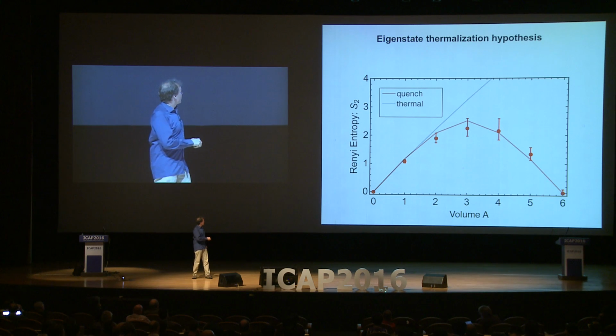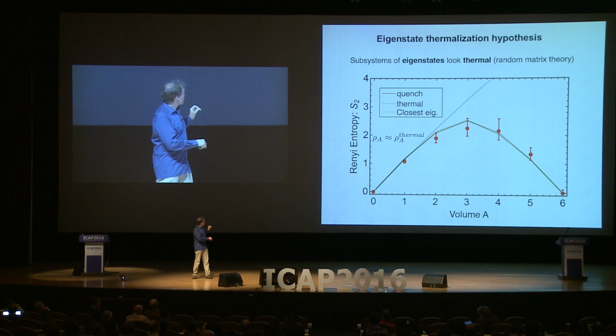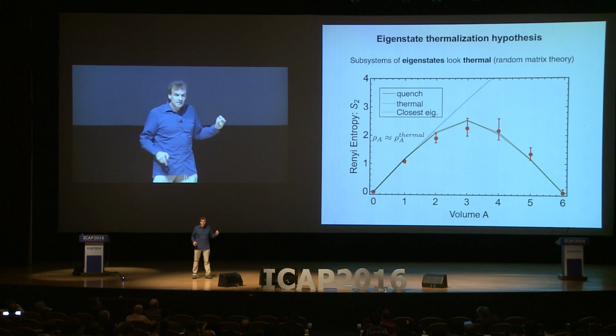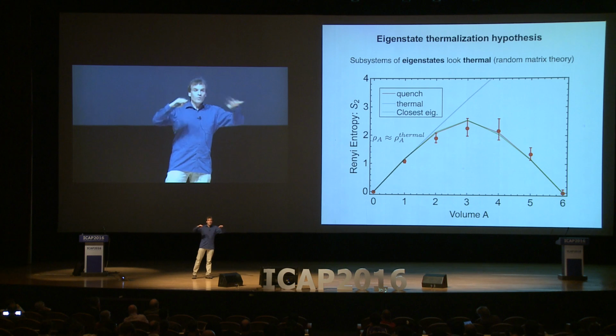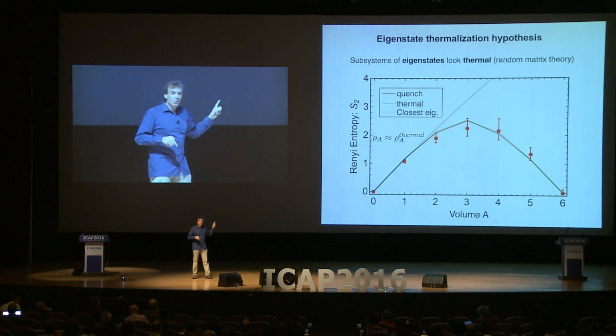The idea is that you get this scaling of the entanglement entropy already if you just consider one randomly picked eigenstate of the Hamiltonian. The green line here, which is pretty much identical, is just one random eigenstate that has about the right energy corresponding to how much energy you put in. It doesn't matter which one, and that alone will already look thermal.